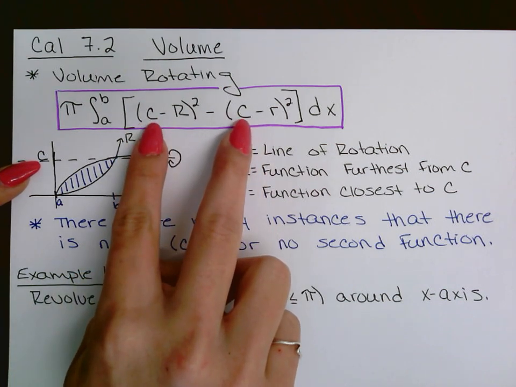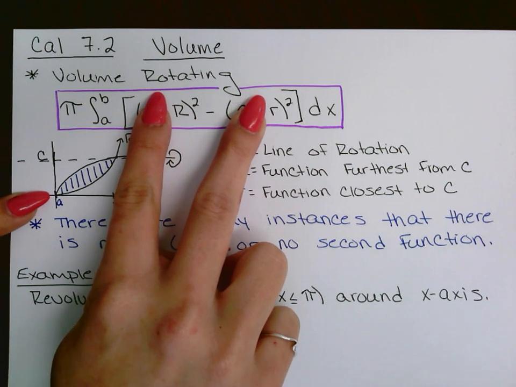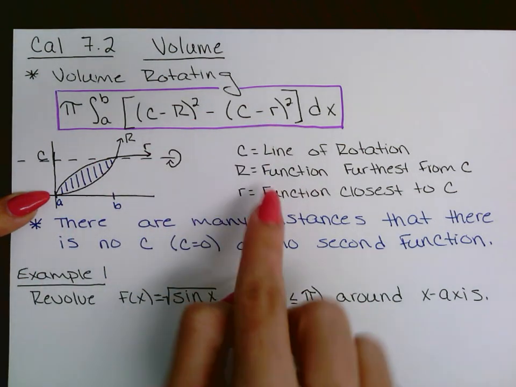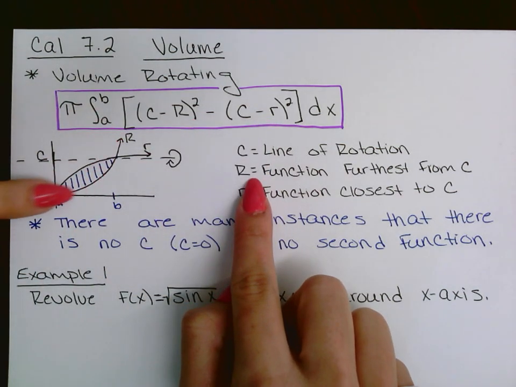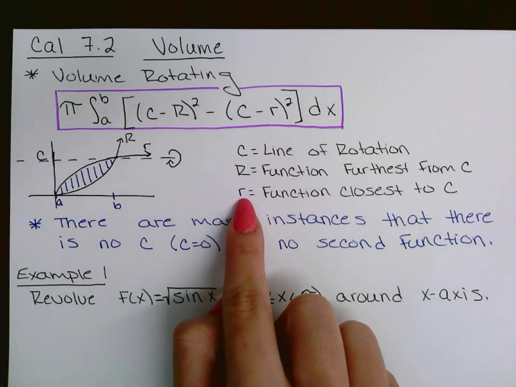If C is the x-axis, then my value for C is 0, and this portion is going to end up getting eliminated from my equation. Okay? Now, those two r's represent my two functions. Capital R, I labeled this one, is the function that is furthest from what I'm rotating around, from C. And lowercase r is the function that is closest.